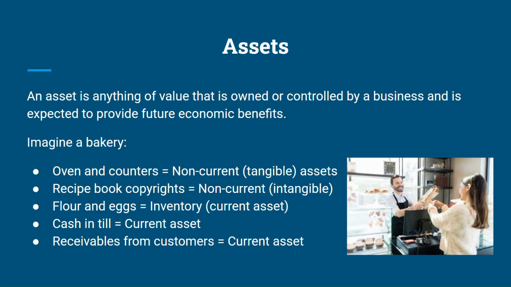Now, finally, we've got receivables from customers, which is a current asset. Usually, if someone buys something from your business on credit, meaning they buy it from you, but they will pay the money later, that's still an asset. Maybe you still didn't get the money, but you must get it in the future.